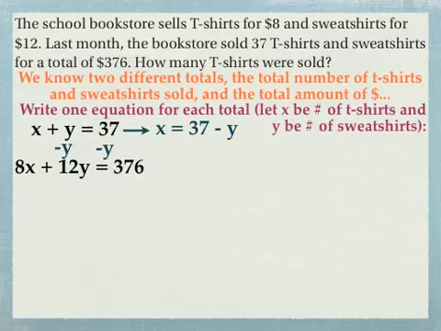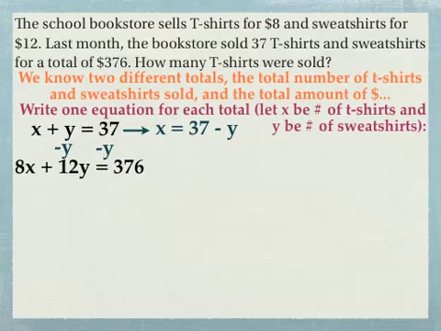You could have absolutely subtracted x from both sides and gotten y equals 37 minus x. Either way, if you follow all of the steps correctly, you should end up with the same numbers. I just simply chose to solve for x. There really was no reason to it.